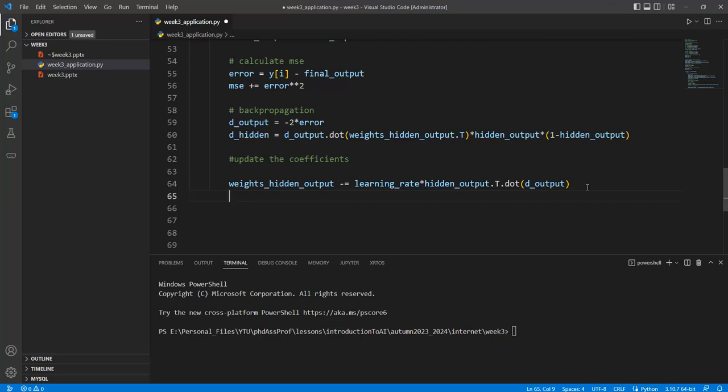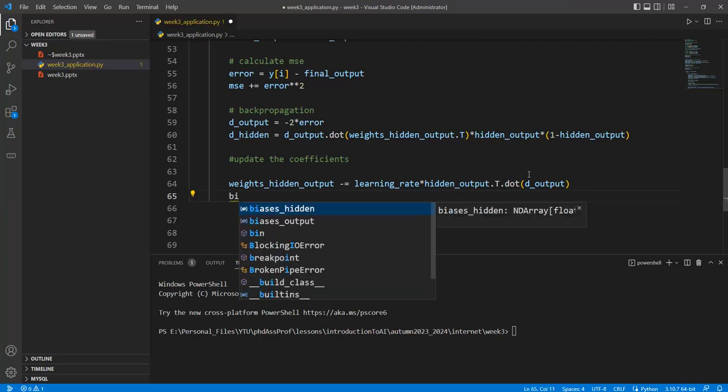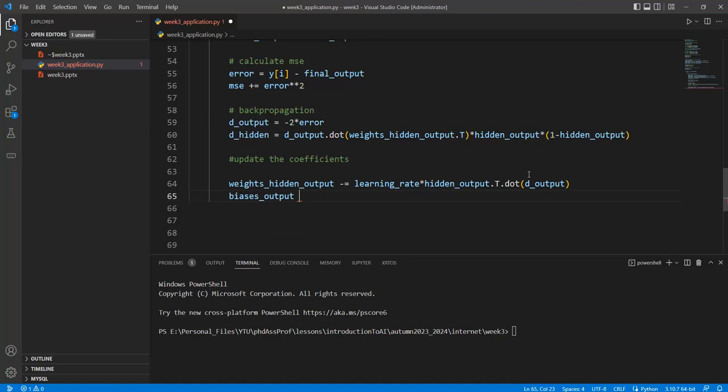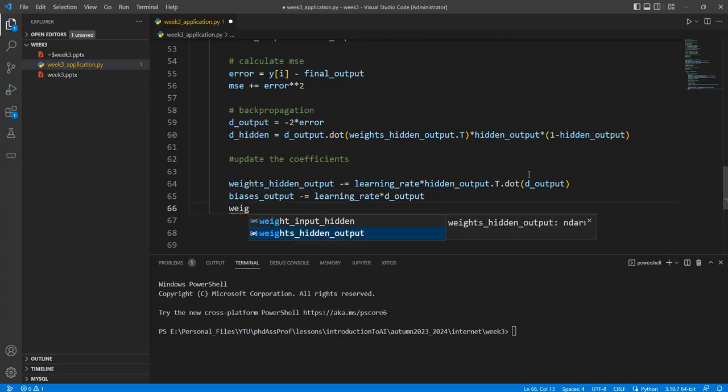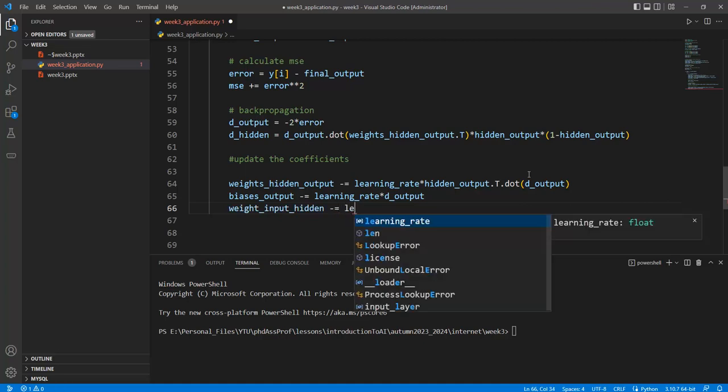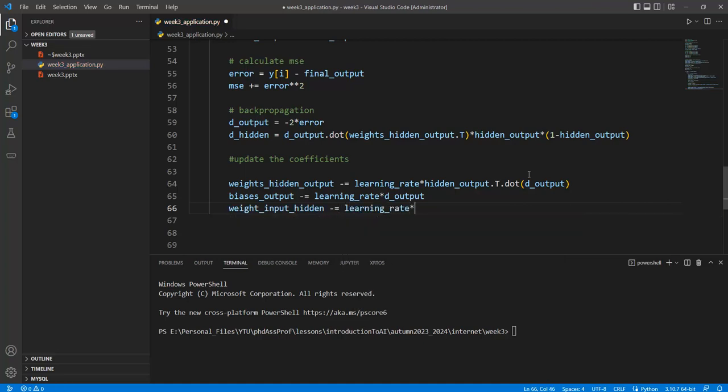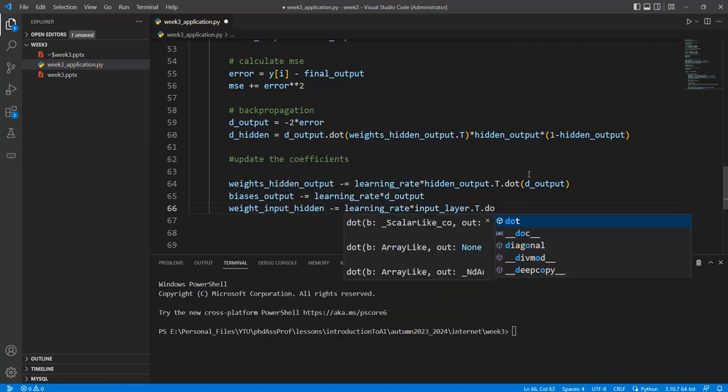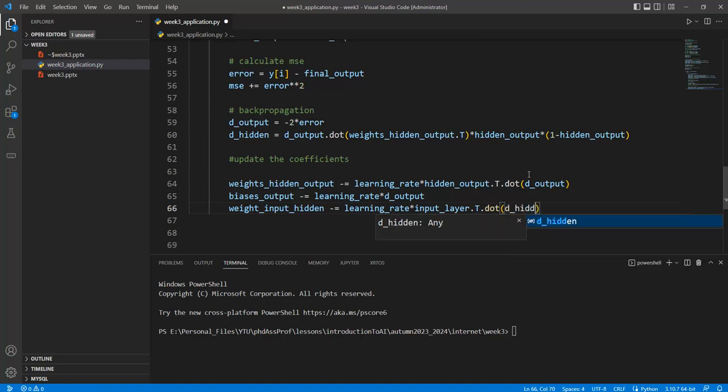Okay? And so the biases output should be updated with the learning rate times d output. And the weights input to hidden is minus equal to the learning rate times input layer transpose dot d hidden.